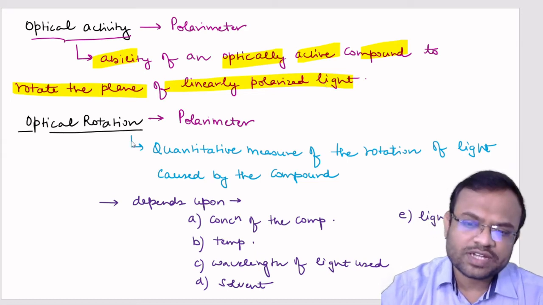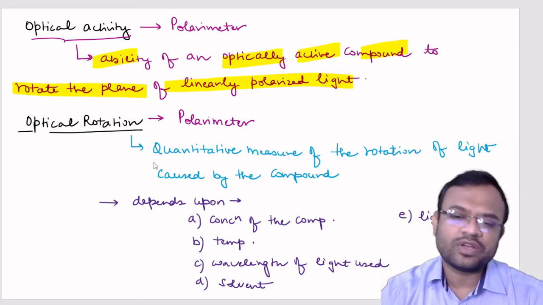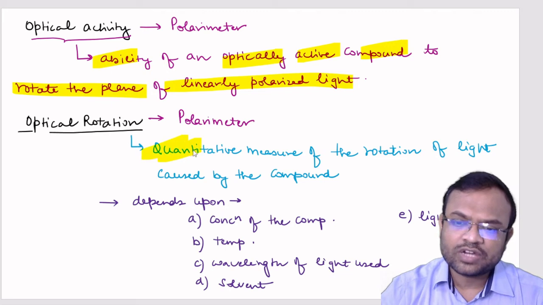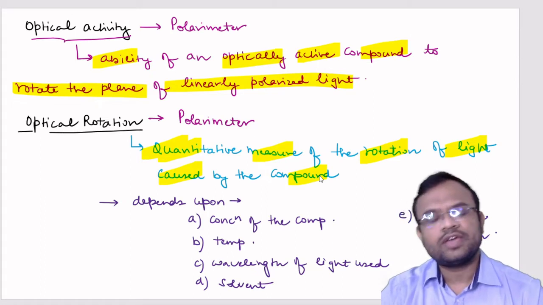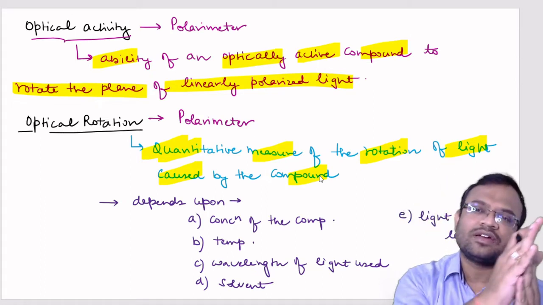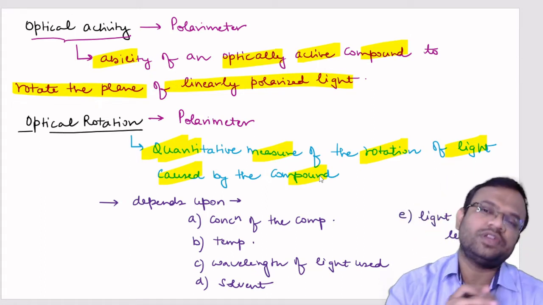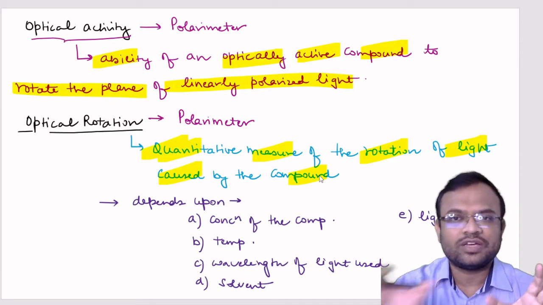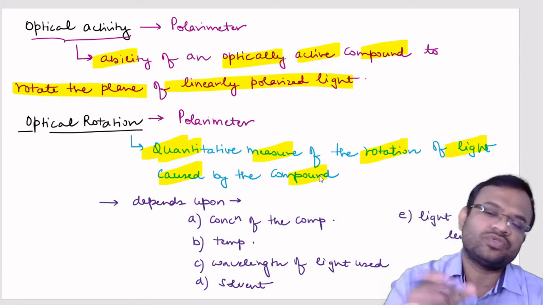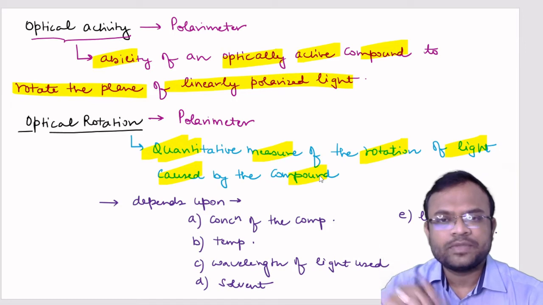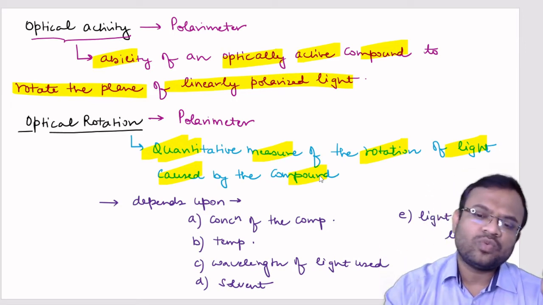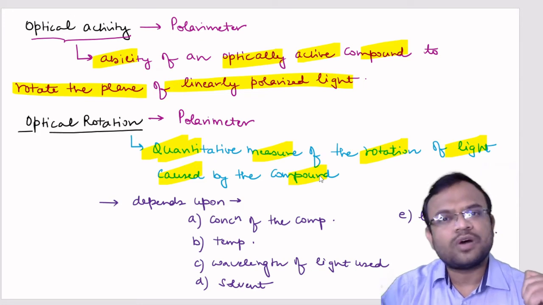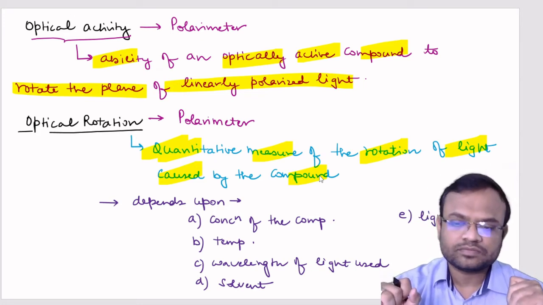So as I've already said, in case of optical rotation, you would get the quantitative measure of the rotation of light caused by the compound. Quantitative measure, how much rotation has been there, you can get the value of the amount of rotation through this. So this I believe would be clear to you. Now coming to the factors on which the optical rotation would depend.